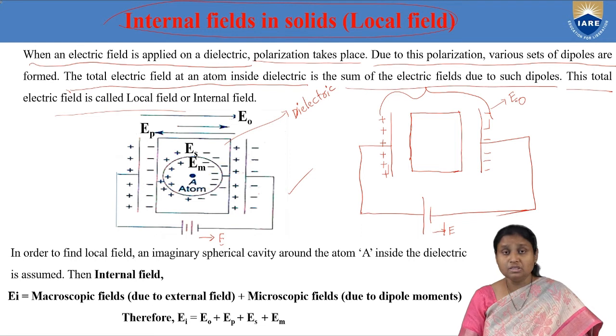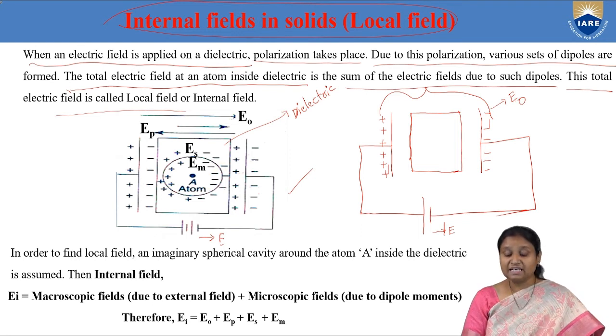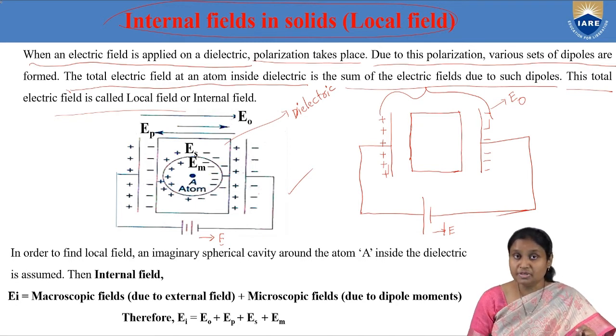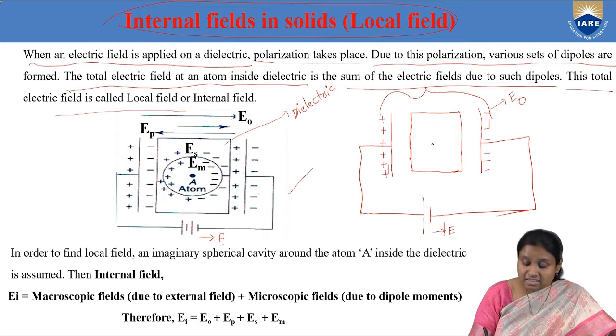So E naught represents the electric field. What we are trying to find is the electric field because of the application of the external electric field. For that, we select one point inside the dielectric material.